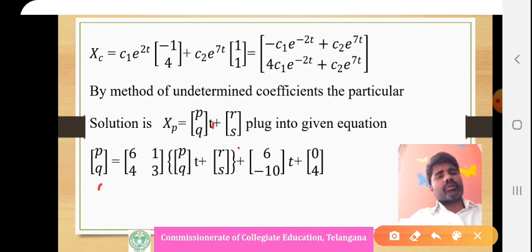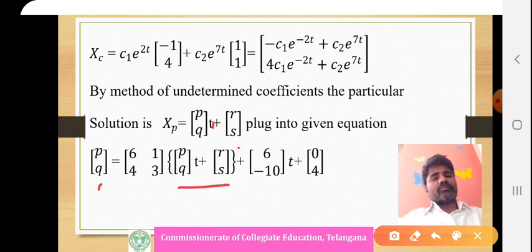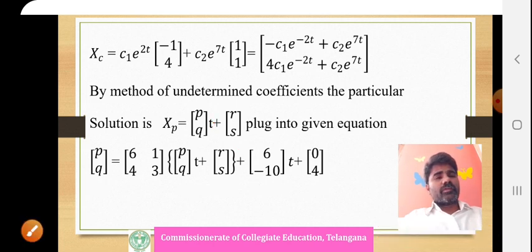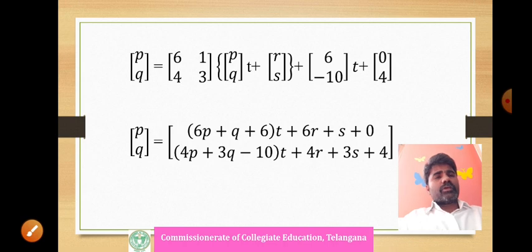The left hand side is only (p, q), and the right side is A times x, that is, (p, q) t plus (r, s), plus g(t) plus the constant vector. Now simplifying this, (p, q) equals [6 1; 4 3] times ((p, q) t + (r, s)), as in the earlier step.